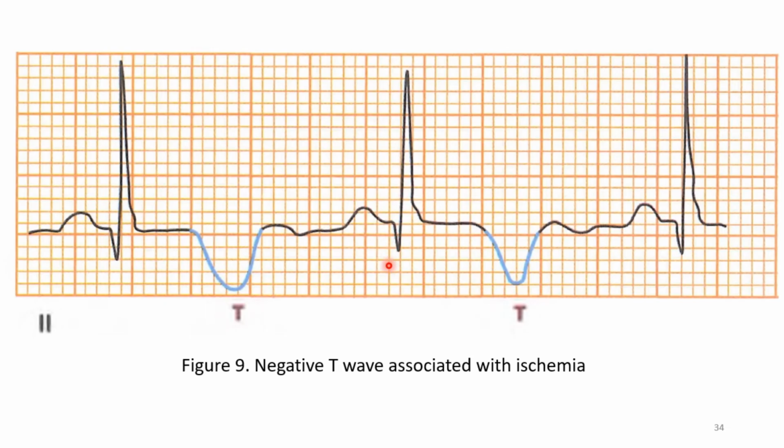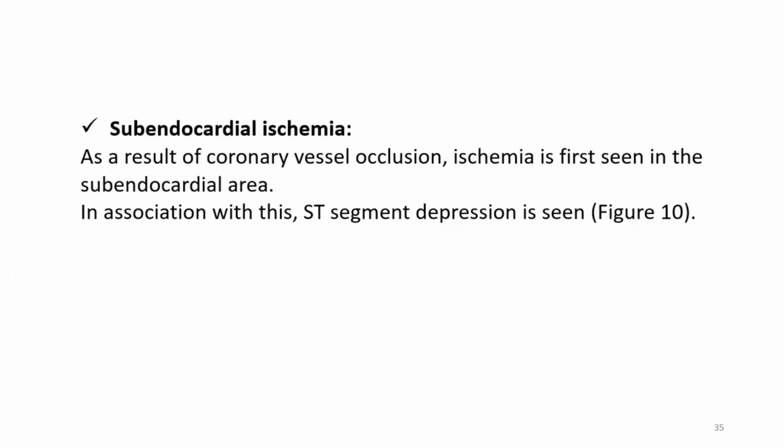You see electrocardiogram, negative T waves in ischemia. Now, subendocardial ischemia. As a result of coronary vessel occlusion, ischemia is first seen in the subendocardial area. In association with this, ST segment depression is seen.